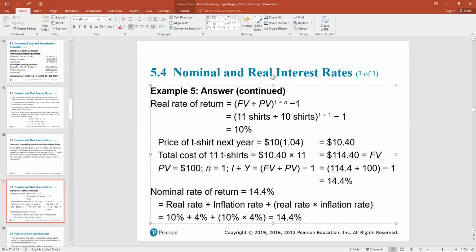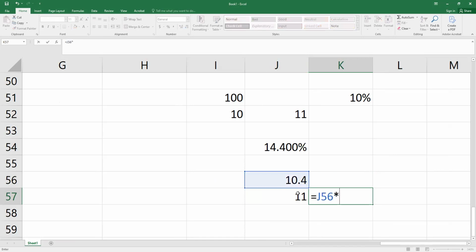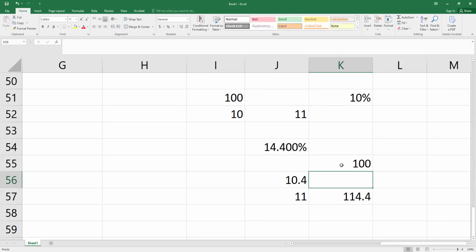And you want to buy 11 t-shirts next year, which in total you have to pay this much, 114. Okay? And you have 100 now. Then what should be the nominal interest rate in the bank for you to buy those t-shirts?